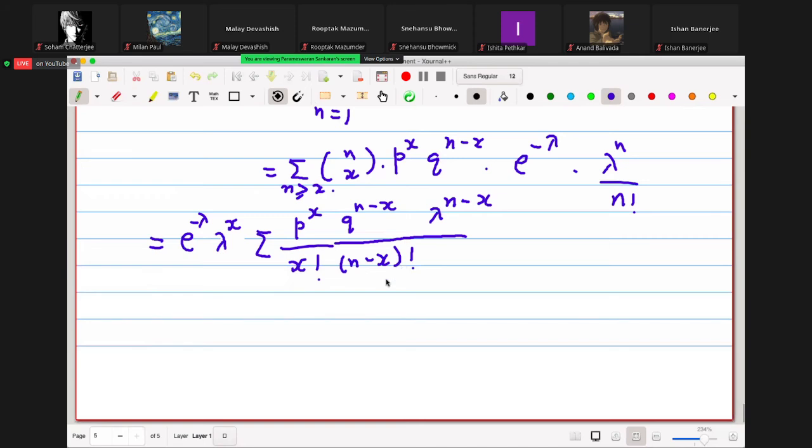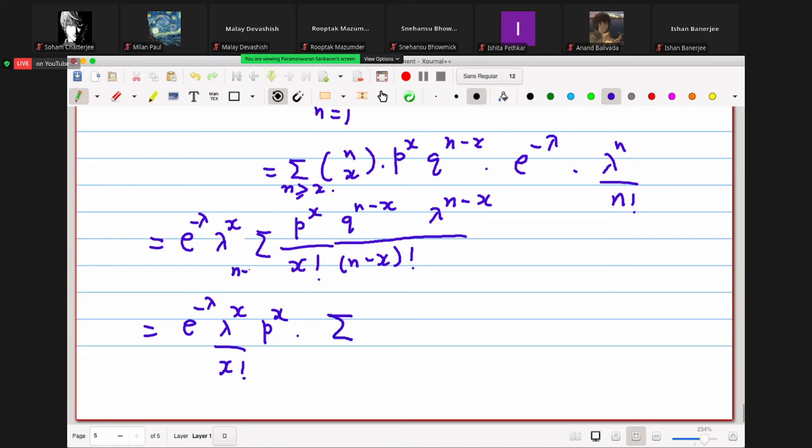So now I can shift the thing. Here the variable is n. So you see, I cannot pull out this. Okay, let's just write what we get. e power minus lambda, lambda power x is okay, and by x factorial is okay, p power x is okay. And now shift the thing.